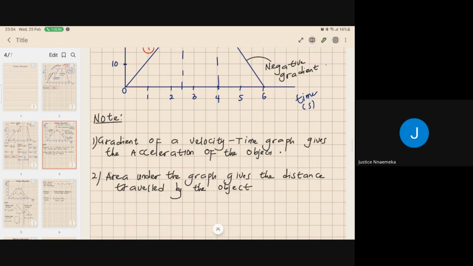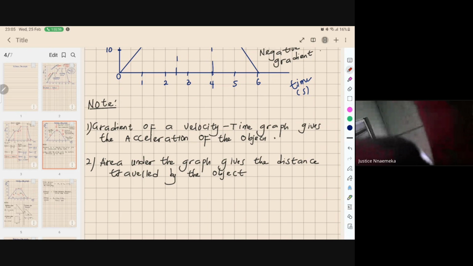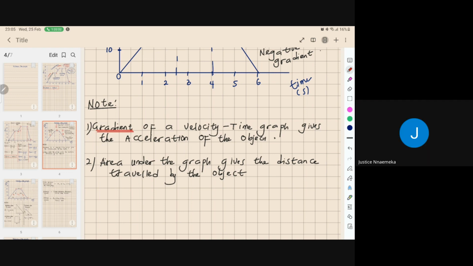I said to note that the gradient of a velocity time graph gives the acceleration of the object. This is your gradient right here. And the area under the velocity time graph gives the distance traveled by the object.